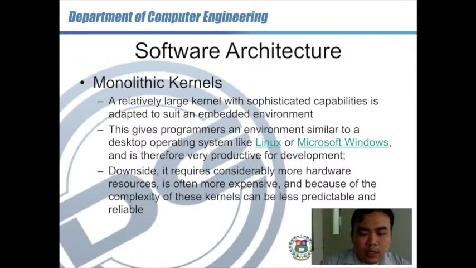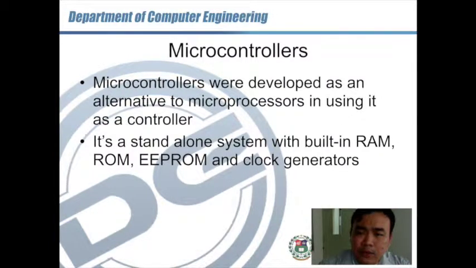Now, the microcontrollers, on the other hand, are what we are going to use as our platform for embedded systems. These were developed because we need alternatives to the microprocessor, which is very expensive. If you only want to control a few tasks and you use a 32-bit microprocessor, it will be very expensive.